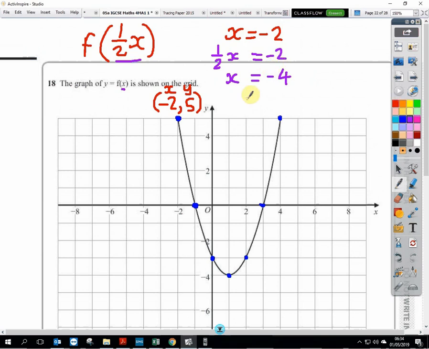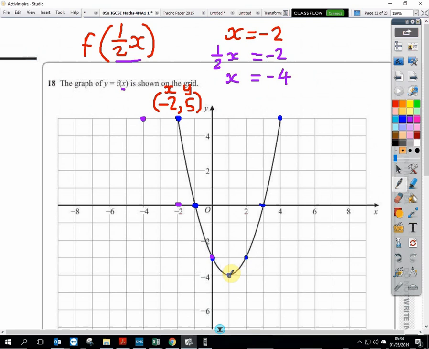So that means, in effect, what we are doing is actually doubling the x coordinates. So for all of these points, the y coordinate stays the same, as you can see. It's just the x that changes and it doubles. So we change that over here. This is -1, so it becomes -2. This is 0, so when it's 0, obviously it's anchored because 0 times by anything is 0.